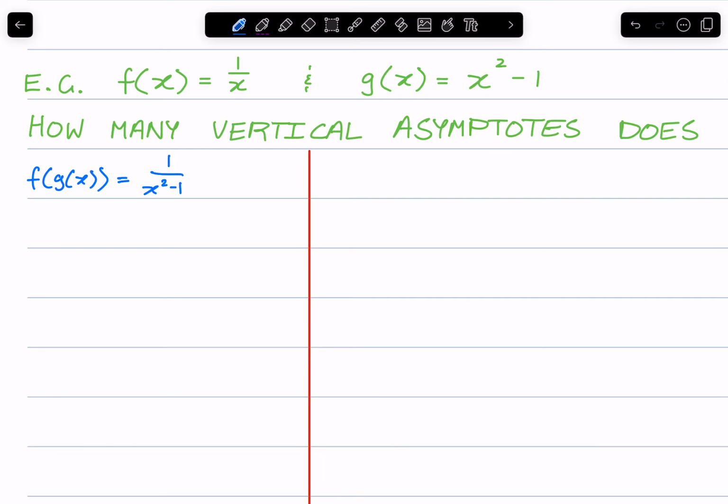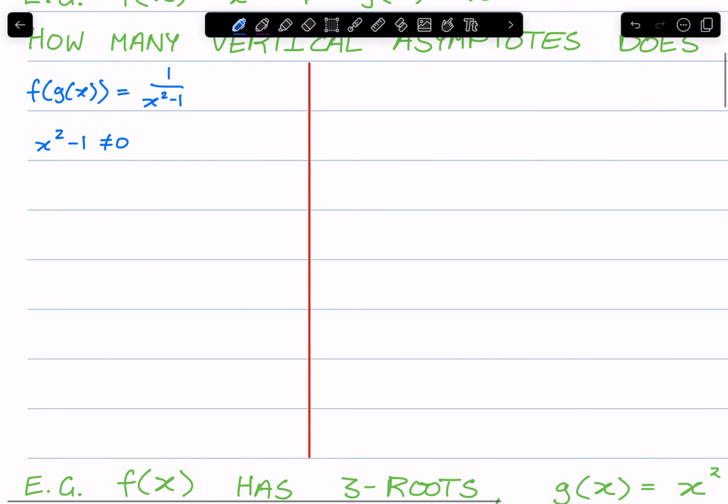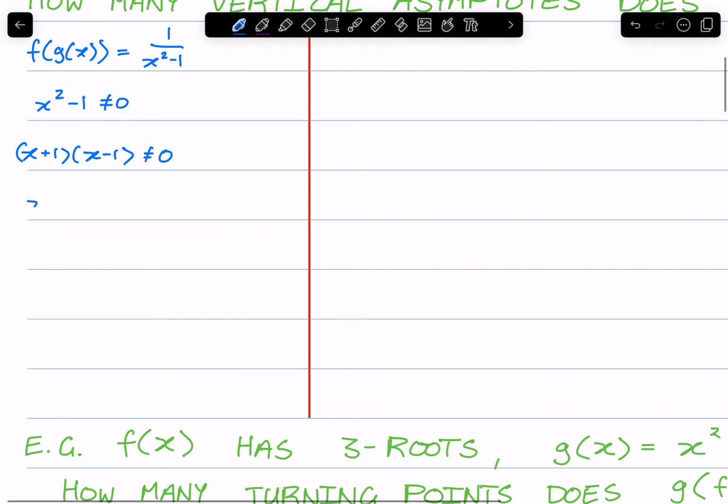Since this is a hyperbola, we can just say that the denominator cannot equal 0. And from here we can factor: x plus 1, x minus 1 cannot equal 0. And from here we can see that x cannot equal negative 1 and x cannot equal positive 1.